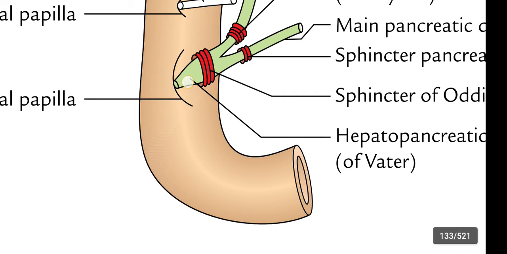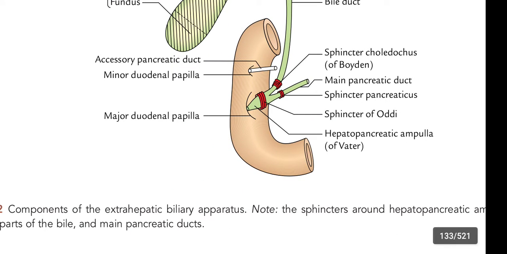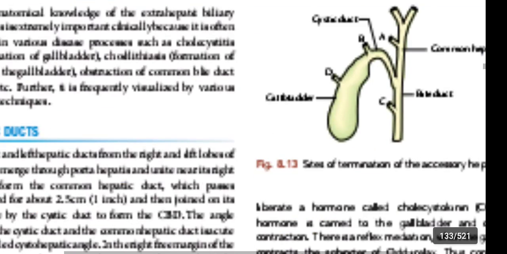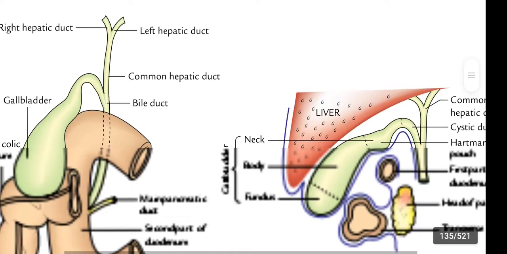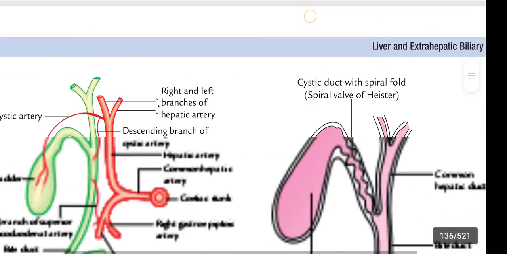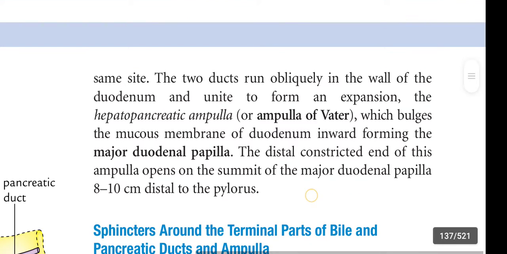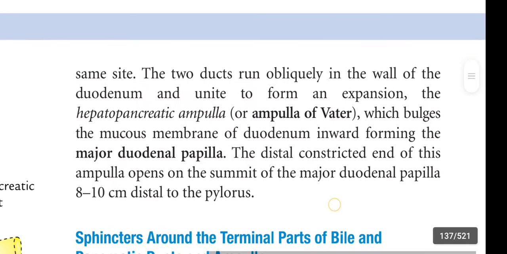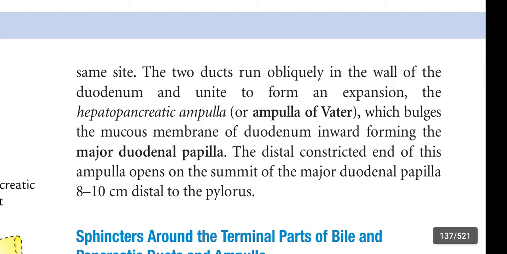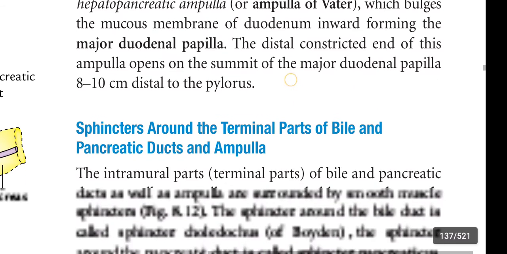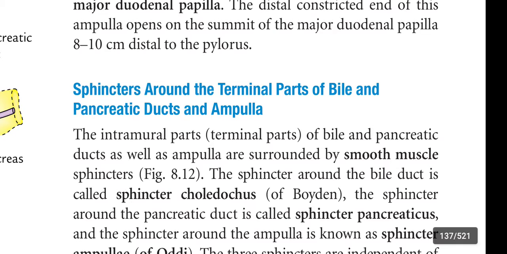This is the bulged part and this is the constricted part, and it forms the summit of the major duodenal papilla. The distal constricted end of this ampulla opens into the summit of the major duodenal papilla, 8 to 10 centimeters distal to the pylorus. Next, coming to the sphincters around the terminal part of the bile and pancreatic ducts and ampulla.